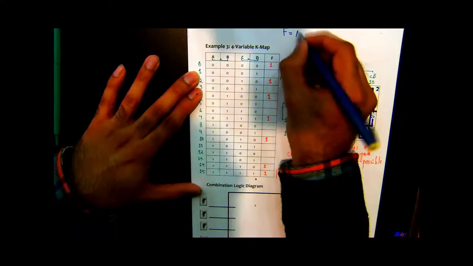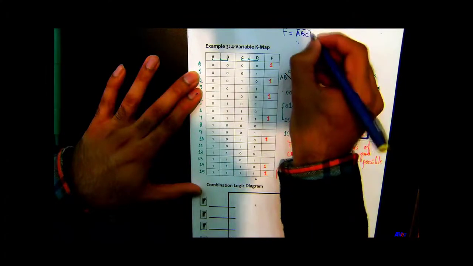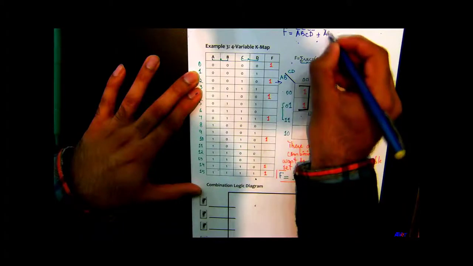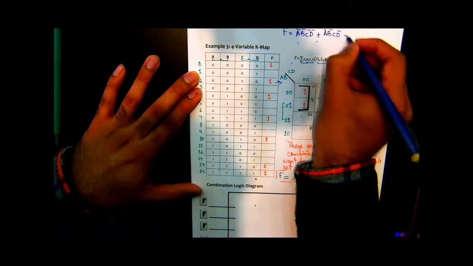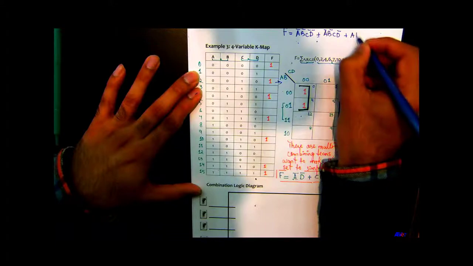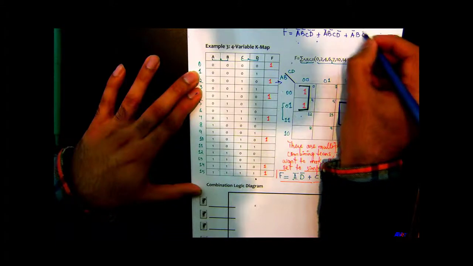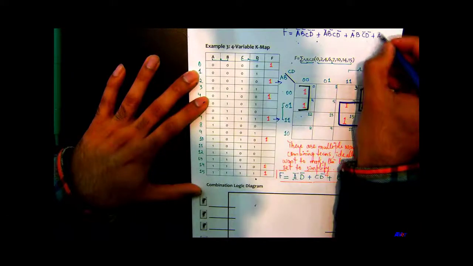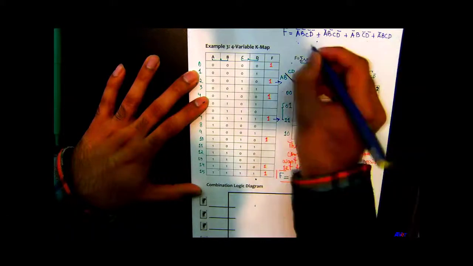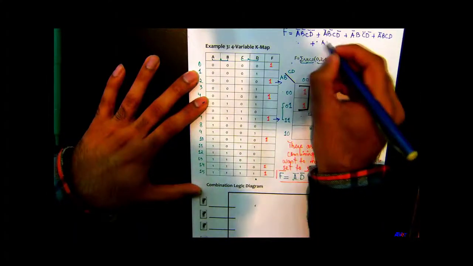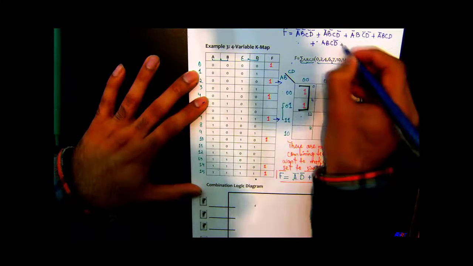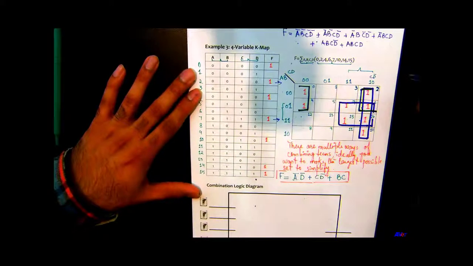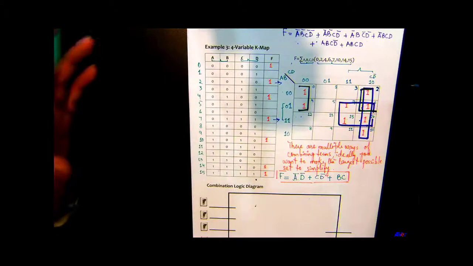A bar B bar C bar D bar plus A bar B bar C D bar plus A bar B C bar D bar plus A bar B C D plus A B C D bar plus A B C D. And on top of it, you had to do the Boolean algebra rules and laws to simplify it.